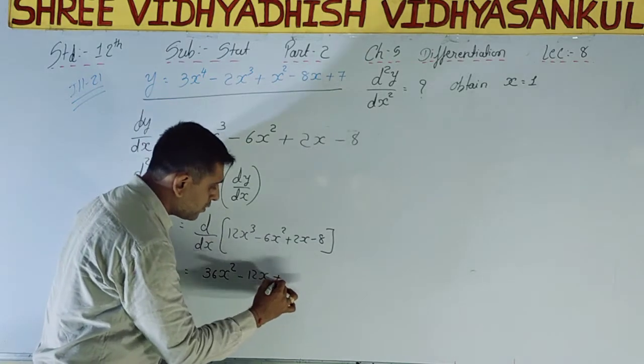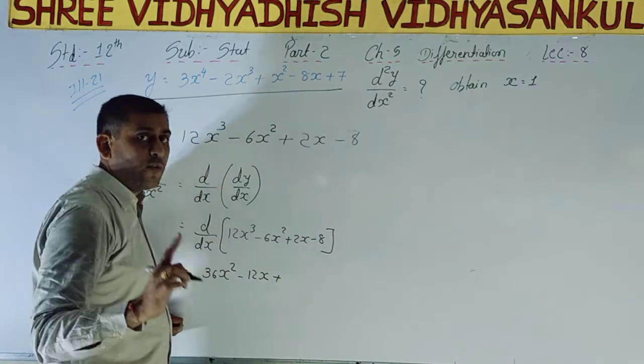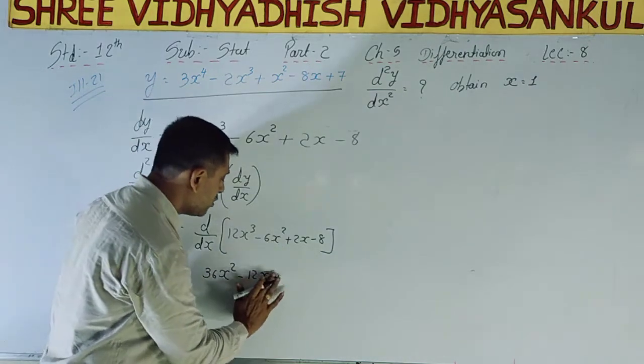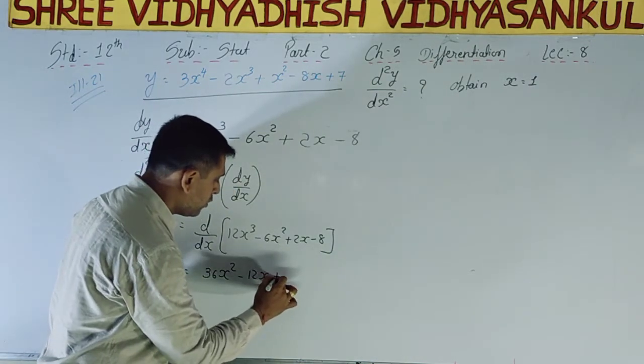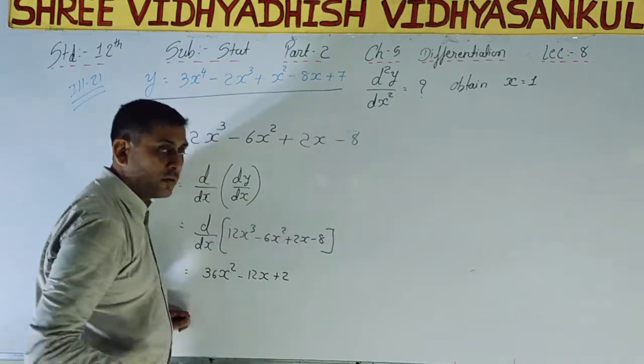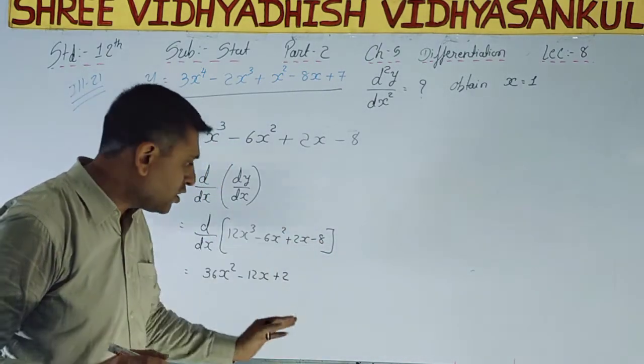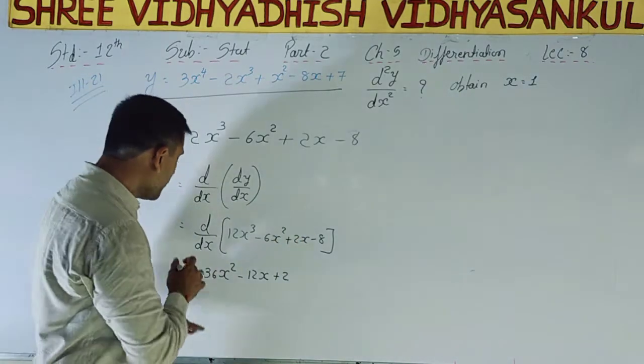Plus 2 into 1, because differentiation of x is equal to 1, that's why 2 into 1 is 2. Minus differentiation of a constant is always 0, so we don't have to write that 0 here.